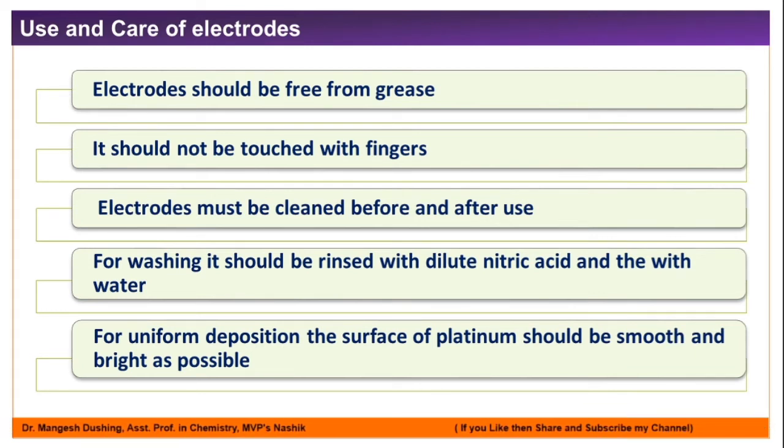It should not be oily, it should not be contaminated with grease, because otherwise an adherent deposit may not be obtained. It should not be touched with the fingers, because our fingers also contain some natural oils. Because of that also, an adherent deposit may not be obtained.